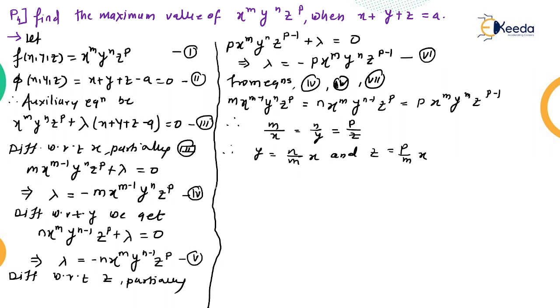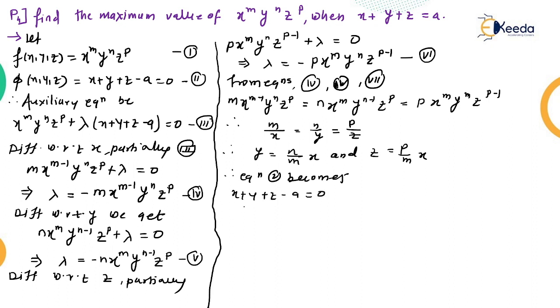Okay, so substituting the value of y and z in equation number 2. Therefore equation 2 becomes x plus y plus z minus a equal to 0.